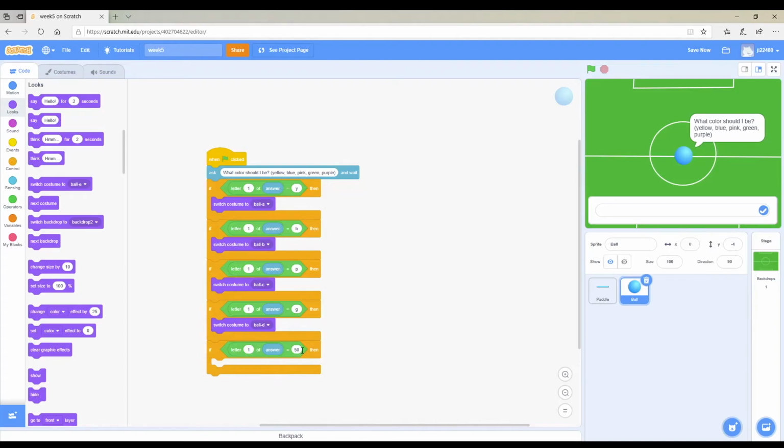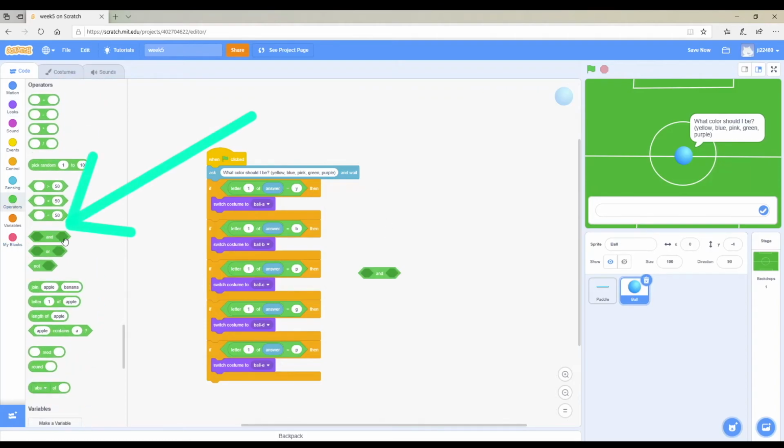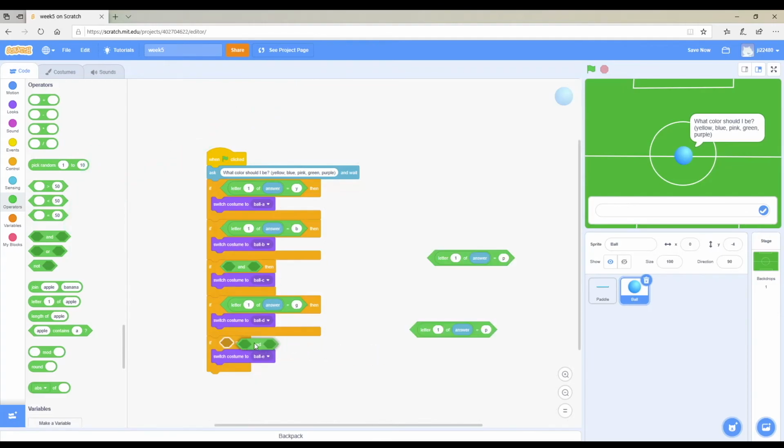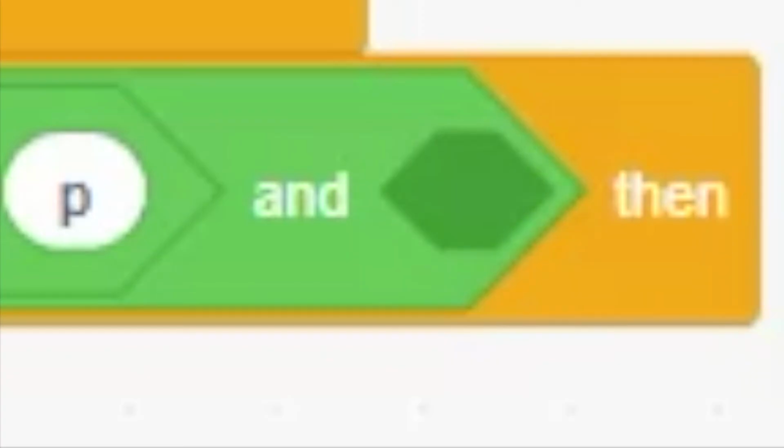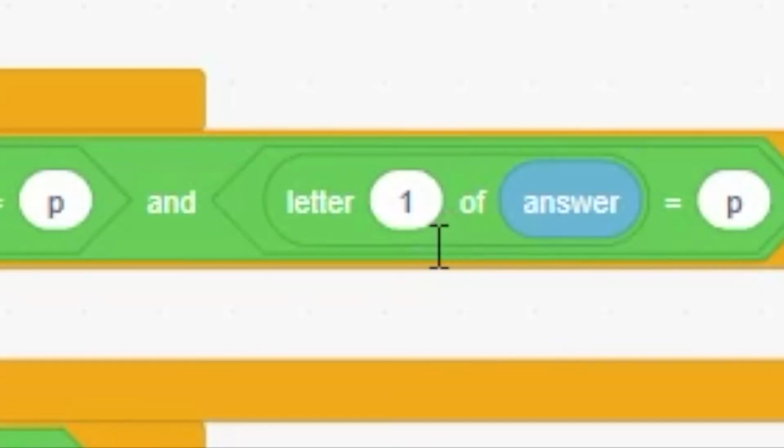But wait, how would they say purple if the first letter of pink and the first letter of purple are both P? That's not good. Here we can pull in our ands. If the first letter is P for pink, or the first letter is P for purple, and see where it says letter 1? We're going to switch that to letter 2.